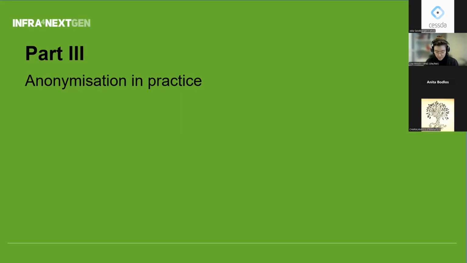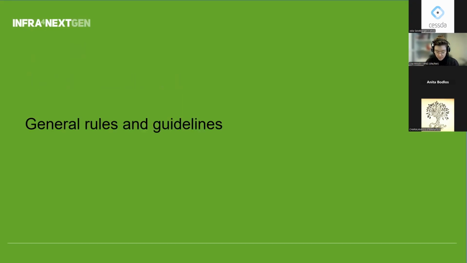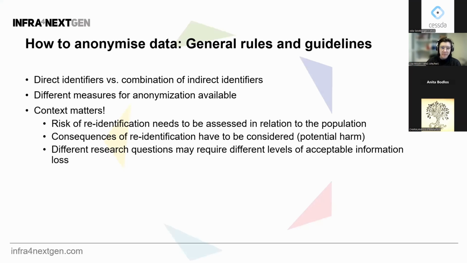So let's start with general rules and guidelines. This slide is more or less a sum up of what you've heard in the previous parts. How to anonymize your data. So first thing to think about is, are there any direct identifiers in your data? And if there are, before publication, the thing to do is removing them, usually. Then the second thing to ask yourself is which indirect identifiers are in your data, and what information do they reveal if they are combined.